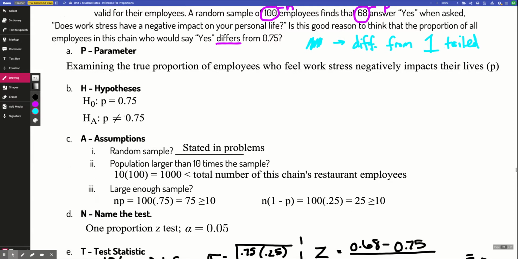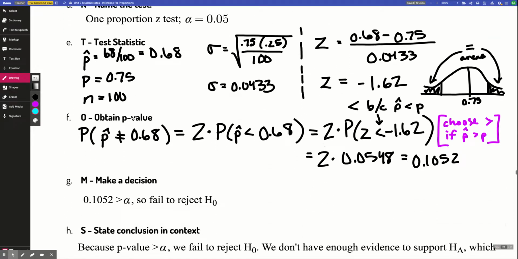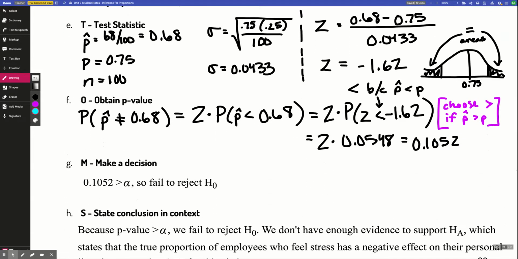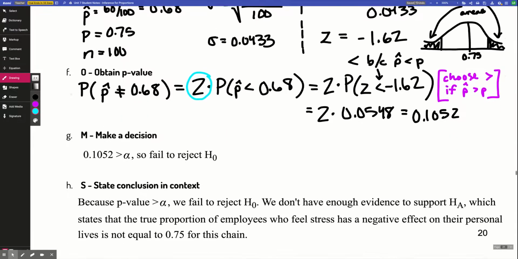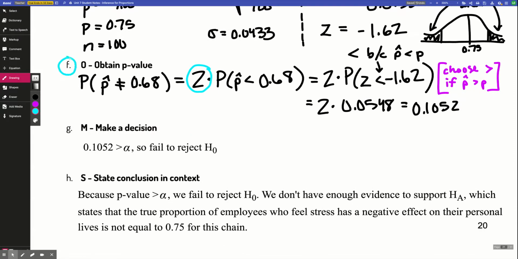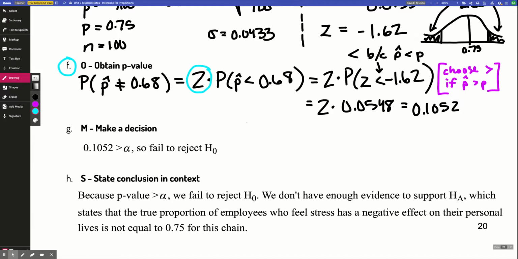Okay, so we have a difference here, right? It's the not equal to symbol. And then we have a difference here. Okay, we have a difference here. Those are the only 2 differences. Other than that, it's exactly the same as a one-sided test.